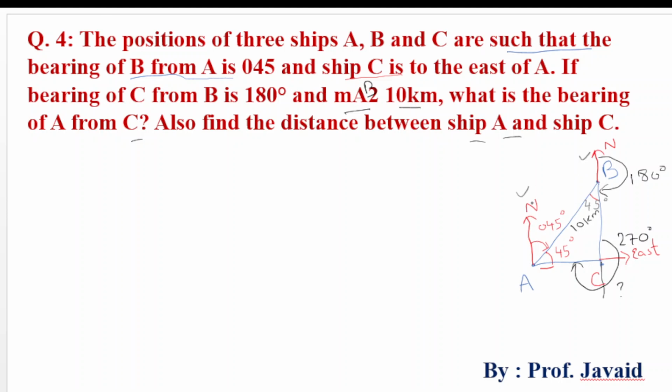This and this are parallel, so these inner angles will be the same, or you can say alternate angles. So this is 45, and the sum of the two inner angles is 180. So basically this triangle is an isosceles triangle.